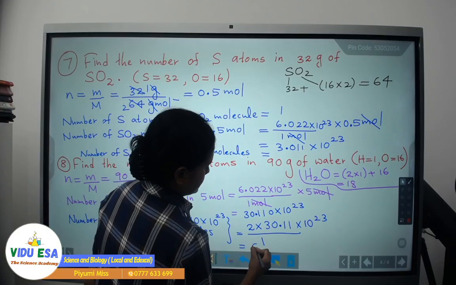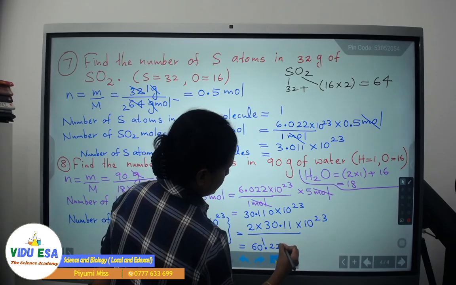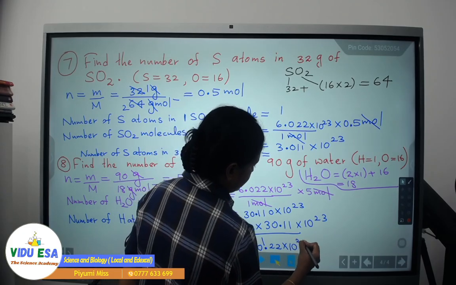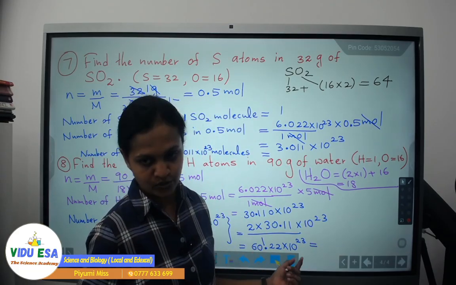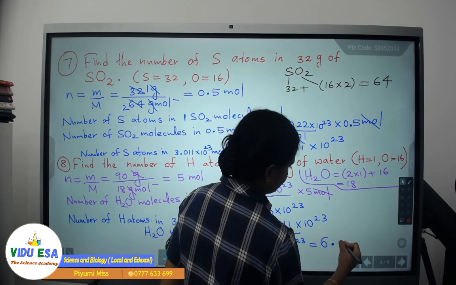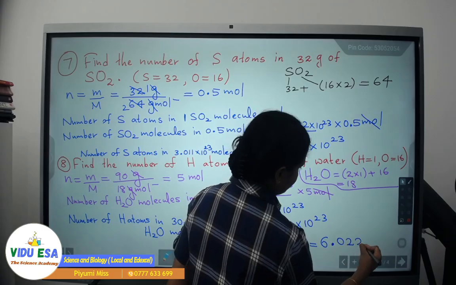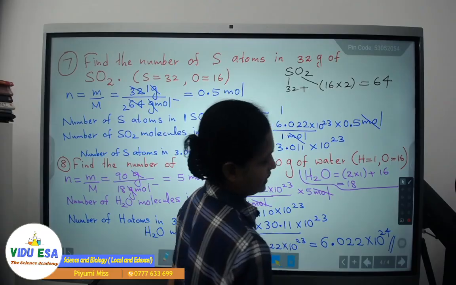Then I will get 60.22 into 10 to the power 23. I can rewrite it as 6.022 into 10 to the power 24. 6.022 into 10 to the power 24 number of hydrogen atoms are there.